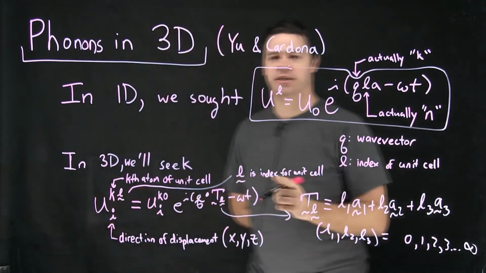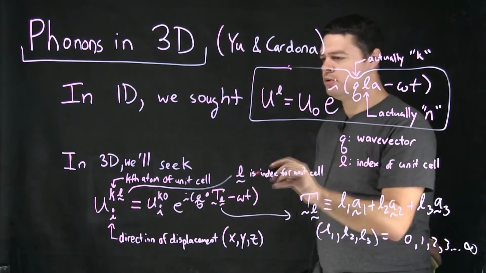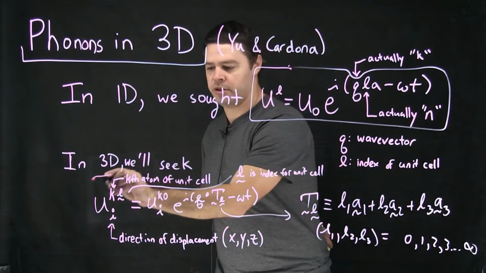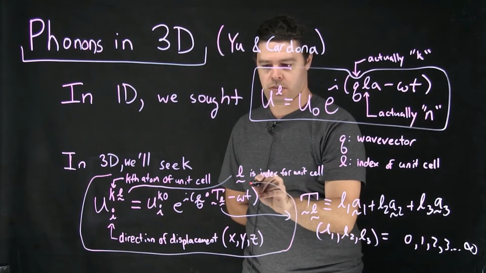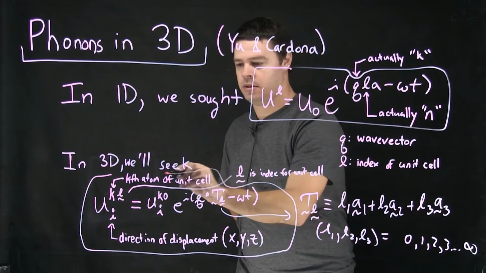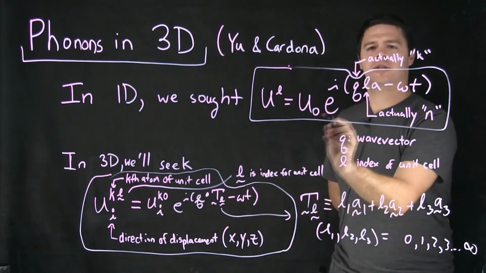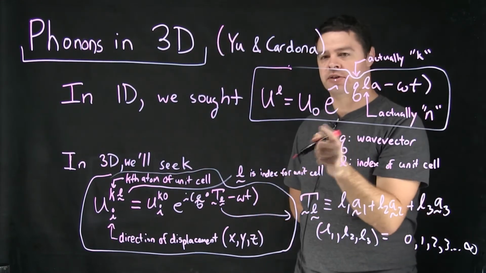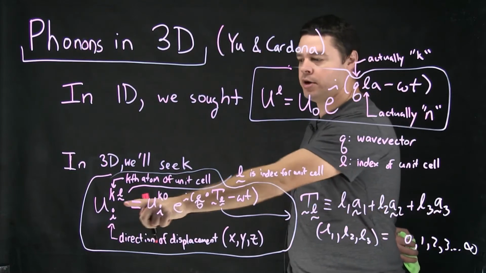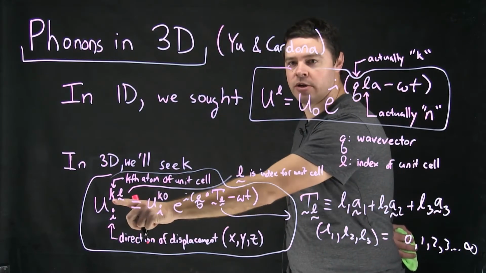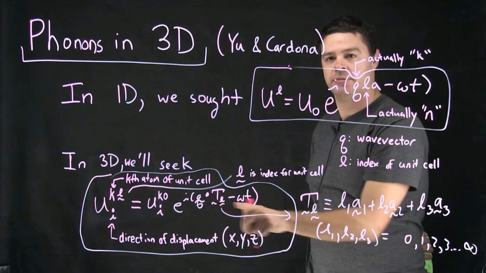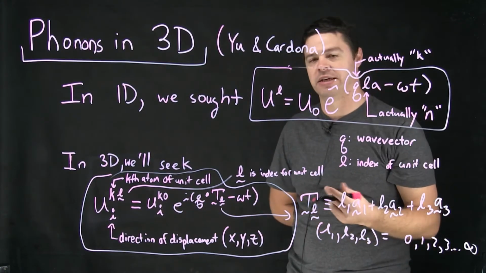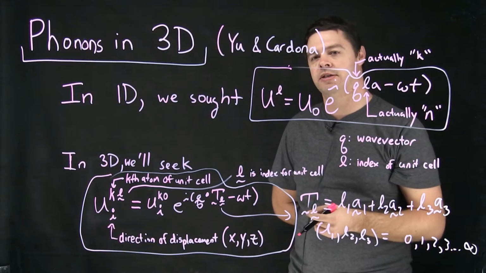But the basic idea is that if I compare these two things that are boxed, basically they look very similar. So the idea is that I'm going to write the displacement in any arbitrary unit cell based on what's going on in the first unit cell times a wave-like phase factor. And that's the basic idea.